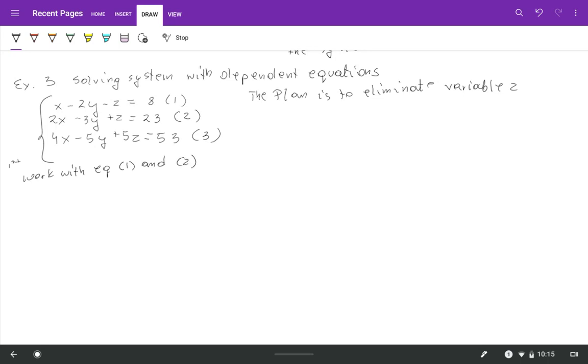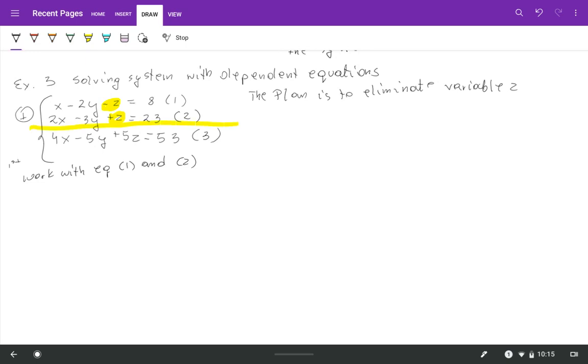And look what happened. Hopefully you guys don't mind, but since I already have opposite coefficients in front of z, I'm just going to quickly add equations 1 and 2 together.